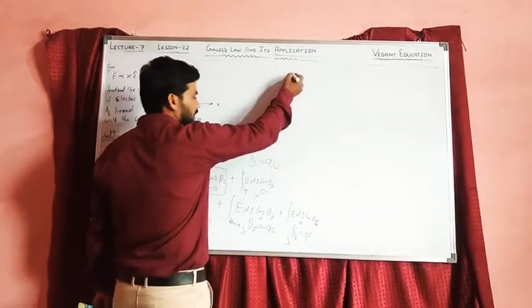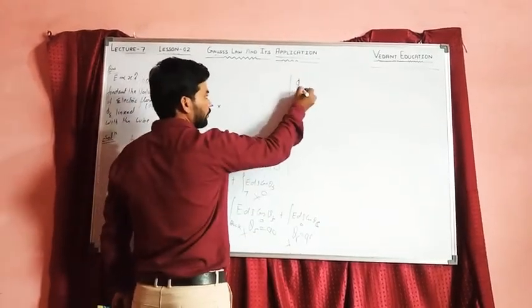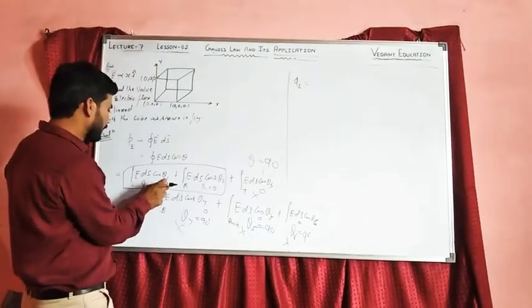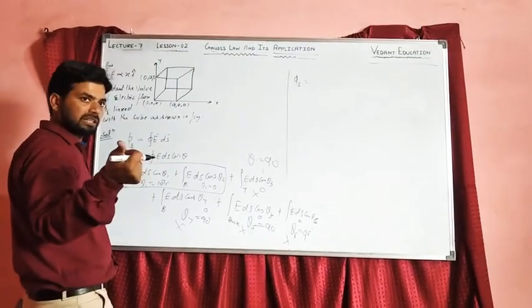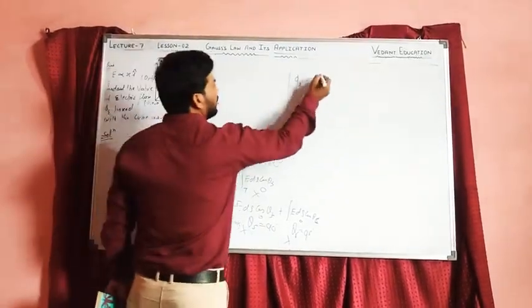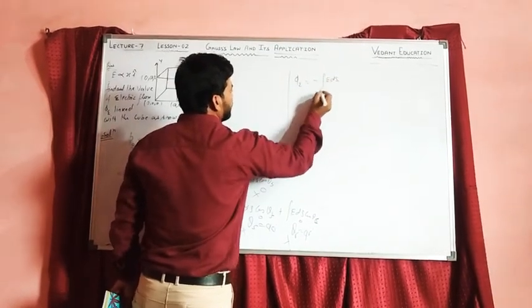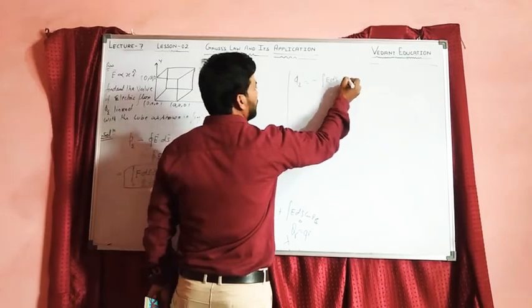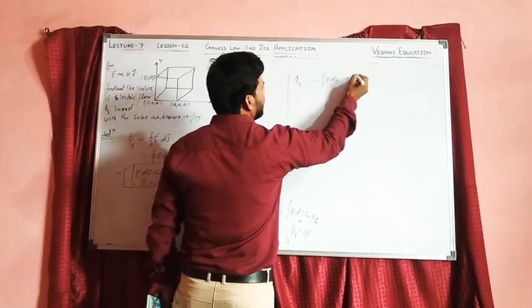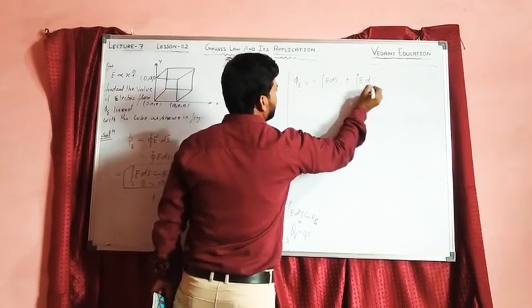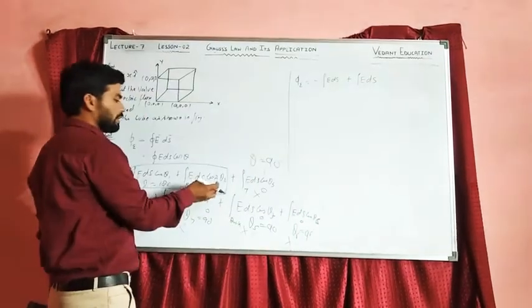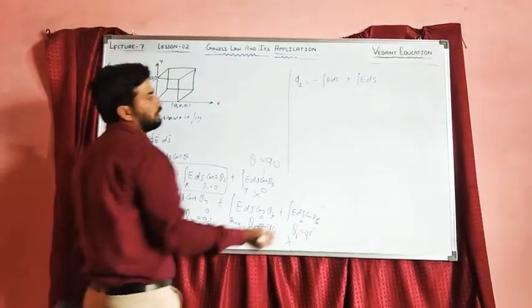So we can write this result as phi E equals, by putting cos 180 as minus 1, minus integral of E ds for the left, plus integral of E ds, because cos 0 is 1.